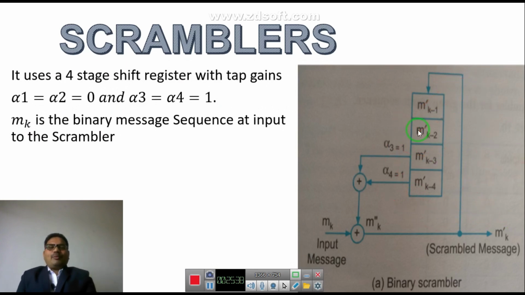On the screen you can see it uses a 4-stage shift register, that is 1, 2, 3 and 4. These are what? Shift registers, with the tap gains that we denote by alpha 1, alpha 2, alpha 3 and alpha 4. Over here alpha 1 and alpha 2 are equal to 0, and alpha 3 and alpha 4 we have seen as 1. And M_k is nothing but your binary message sequence at the input to the scrambler.